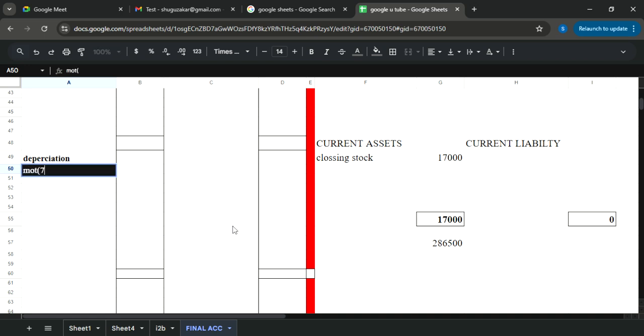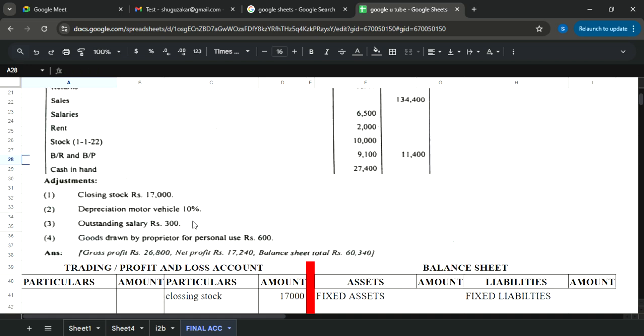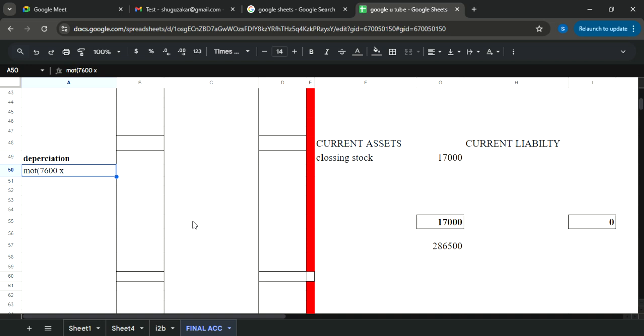You need to calculate how much depreciation, 10%. So multiply by 10 divided by 100. You will do the same calculation, 7600 multiplied by 10 divided by 100. So we have got 760 as depreciation.